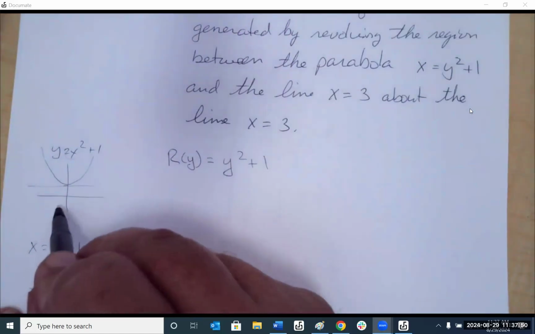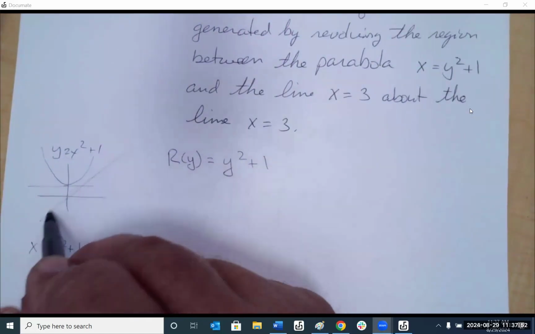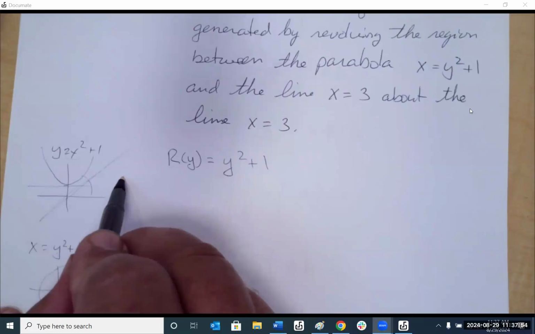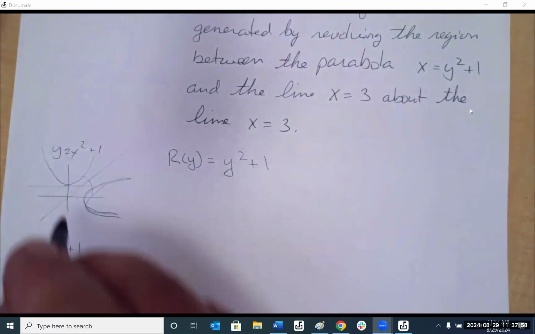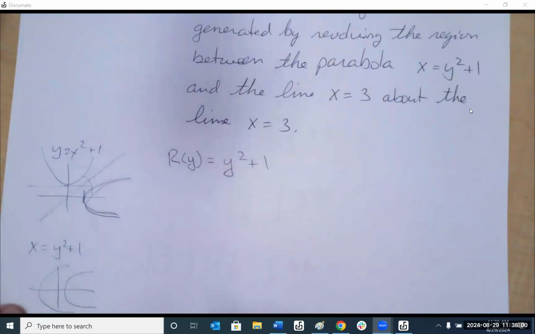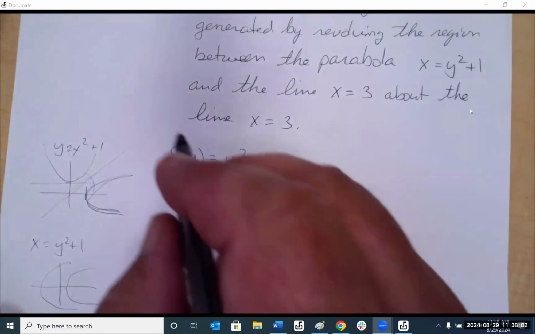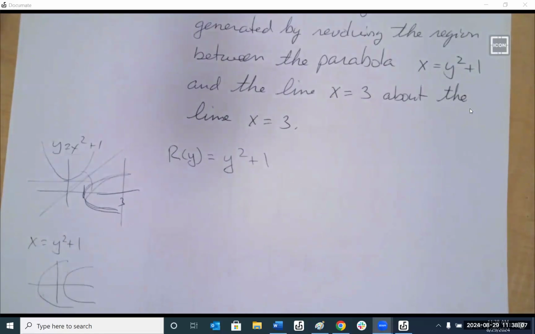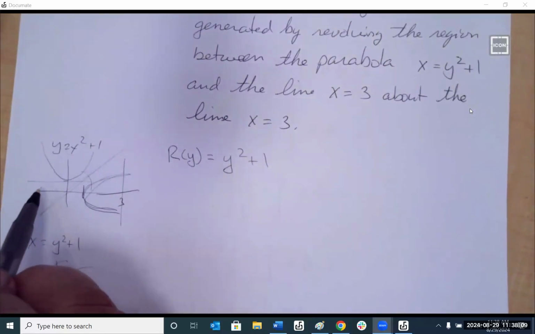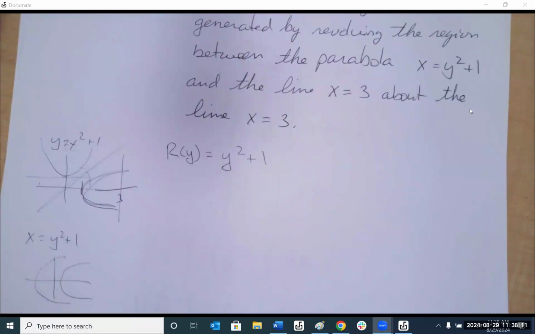Because it's an inverse, so we're rotating it. So the bounds of integration we're going to look at are from 1 to 3. Because if we started over here, we go from negative 1 to 3.